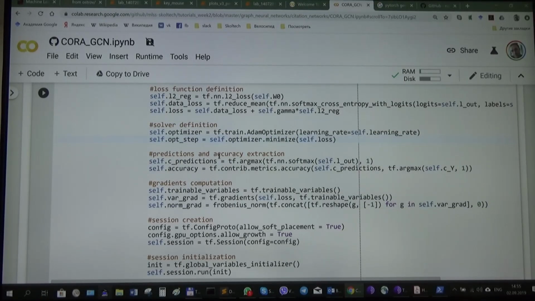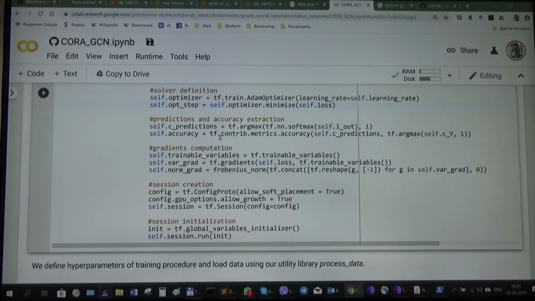Yeah, we're just defining optimizers, creating auxiliary variables to observe the behavior during training time, and some metrics.